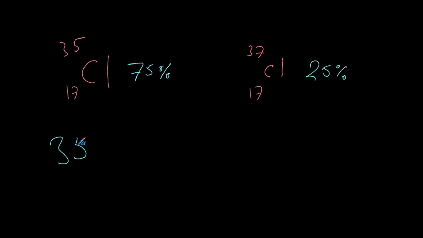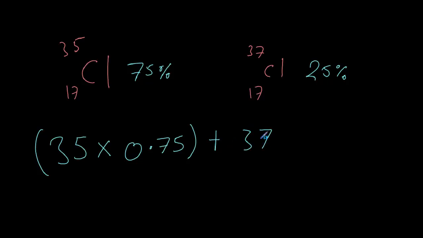So we take our mass of chlorine 35, which is of course our mass number, which is 35, and we times that by our percentage as a decimal, which is 0.75 for 75%. And then I add to that the mass of chlorine 37, which is of course 37, and that is multiplied by 0.25.